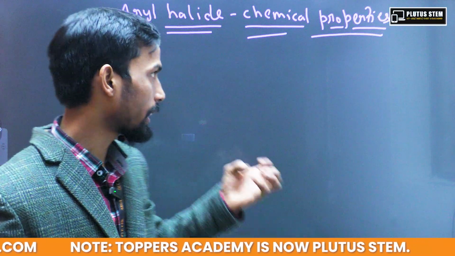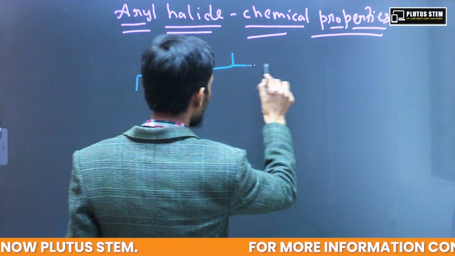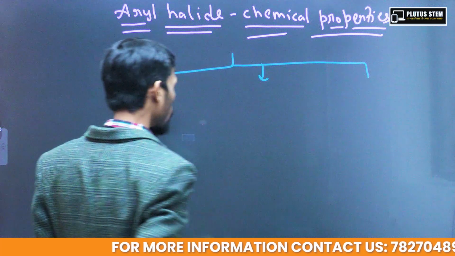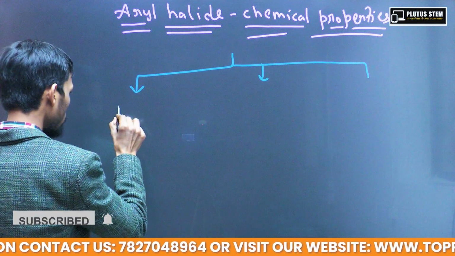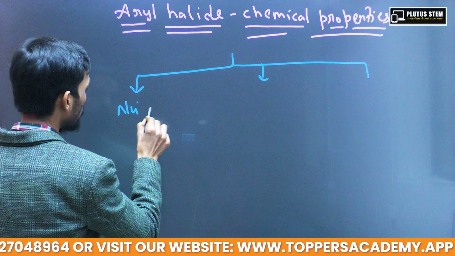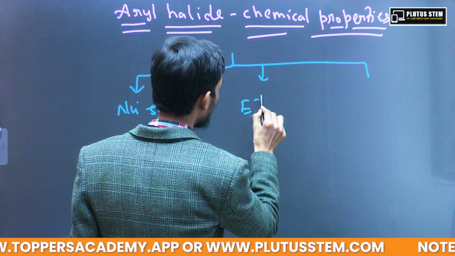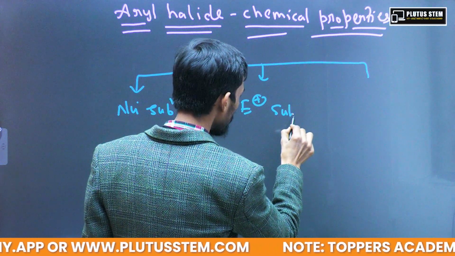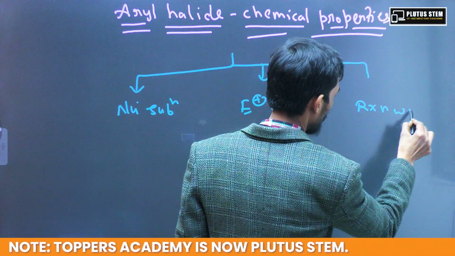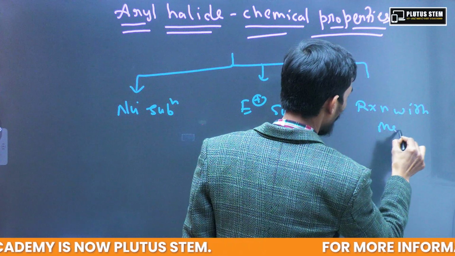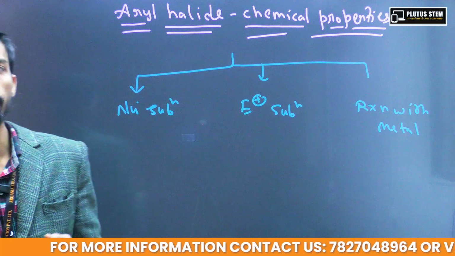As you know, in alkyl halide we studied three types of reaction: nucleophilic substitution, electrophilic substitution, and reaction with metal. We have seen these three major types when we were discussing alkyl halide.